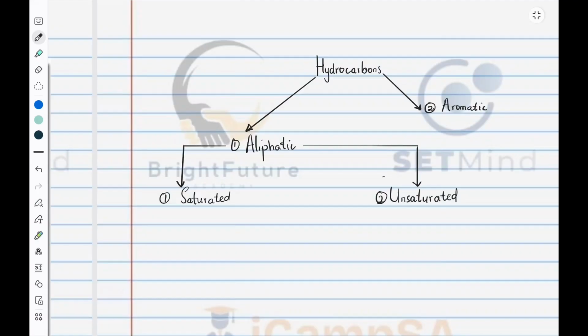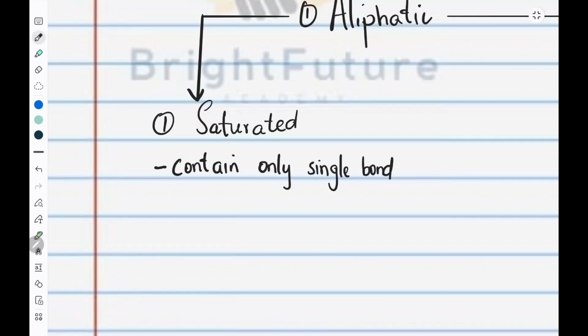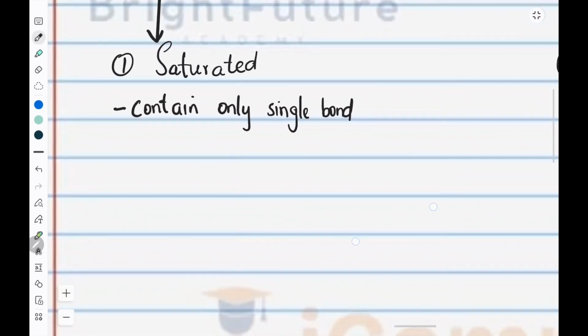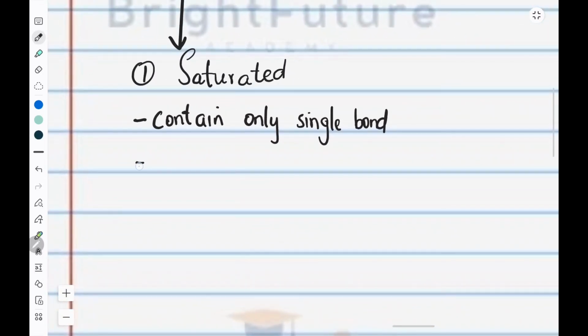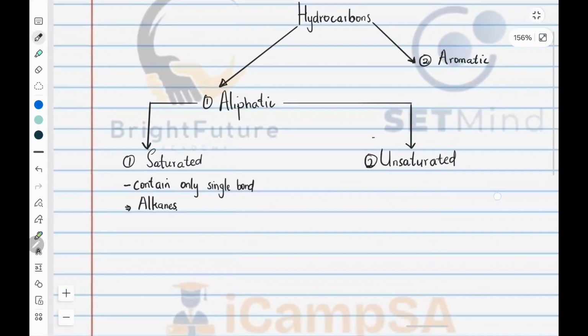They don't have anything except single bonds, right? We call them saturated hydrocarbons. The saturated ones contain single bonds only, between the carbon and any other atom. So alkanes belong to this type of hydrocarbons.